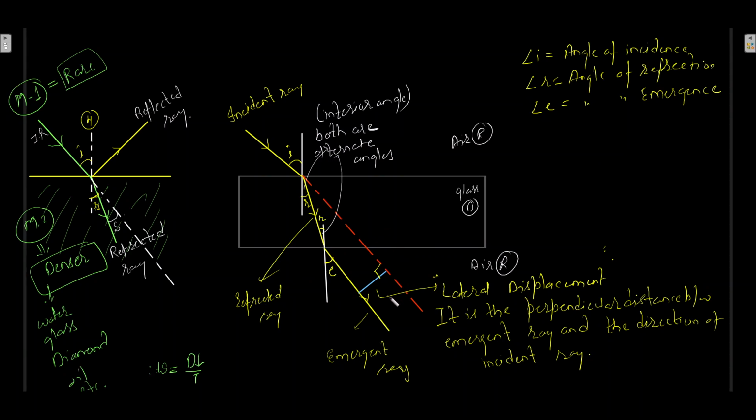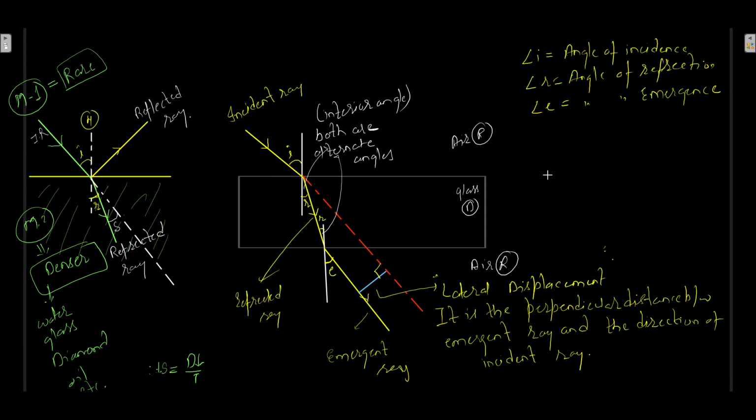As you see in that ray difference, you will get a distance between the actual ray path and the emergent ray. That is known as lateral displacement, and we can say it is the perpendicular distance between the emergent ray and the direction of the incident ray.